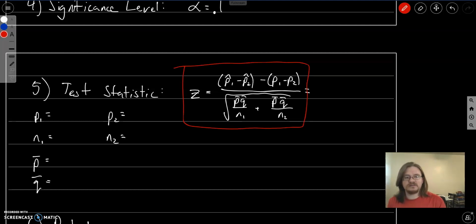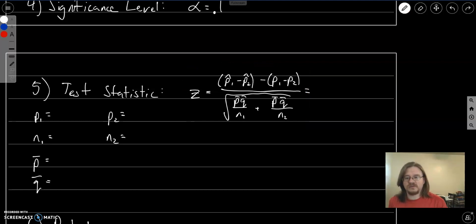there's a few things to notice here. One is that a few of these variables we can calculate pretty easily. So N1 and N2 are just the size of our samples. Well, we flipped both quarters 100 times, so that's pretty easy.